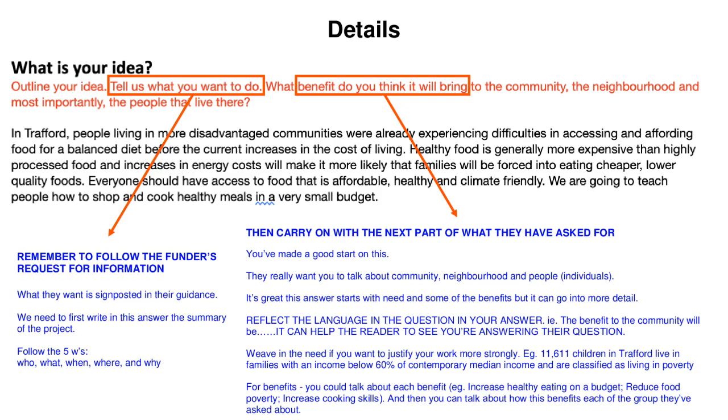You could do it either way, as long as you build in all 3 elements into your answer, because this funder is obviously really interested in the community part of what you're doing. They really want to know how the benefits are going to ripple throughout the neighbourhood and the community. Did anyone have any questions on this application?